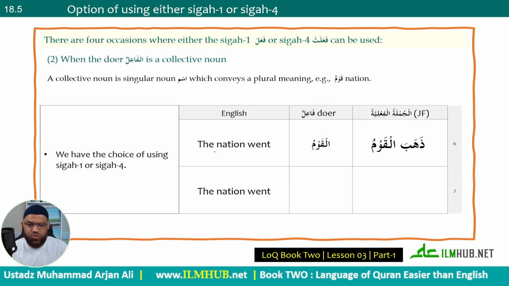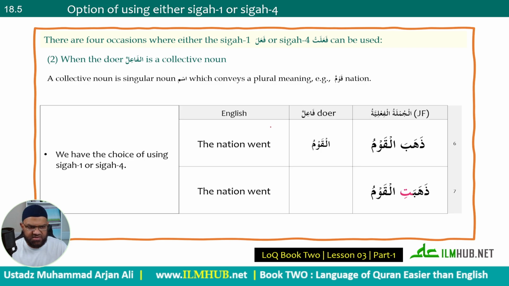The second occasion where I can use either of them is when it comes to collective nouns. Again, we did collective nouns back in lesson number 4, where I mentioned it briefly, and of course, further down, we also mentioned it. So, the nation went. The nation is a masculine word. ذهب القوم. I can also say ذهبت القوم.